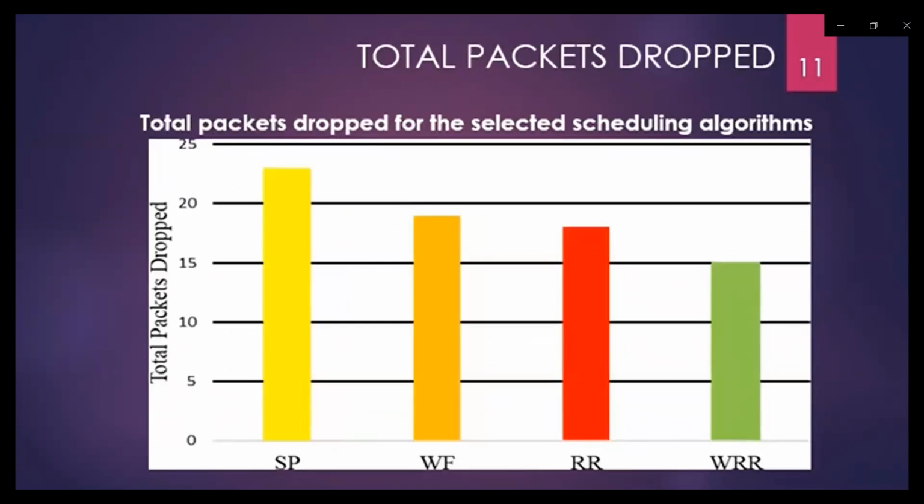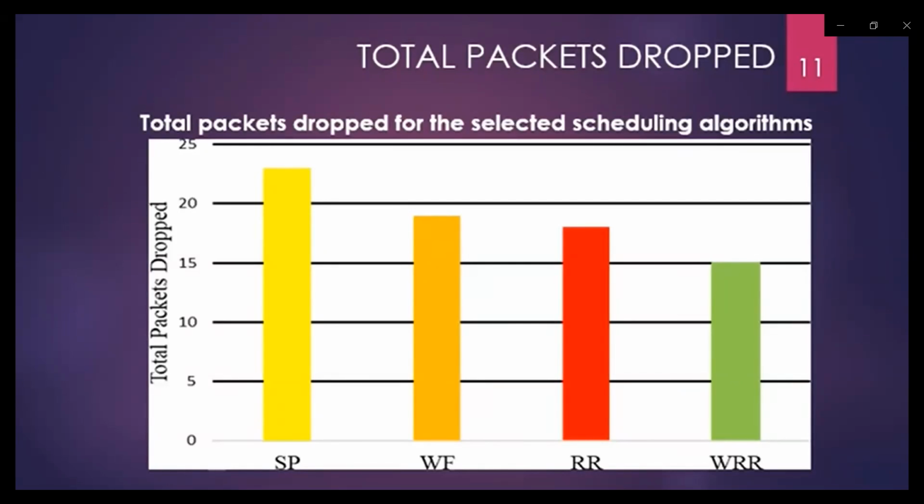Then we can study the total packets dropped. Here, the total packets dropped are those dropped by force when a memory buffer is full. We studied the SP, WF, RR, and WRR scheduling algorithms.